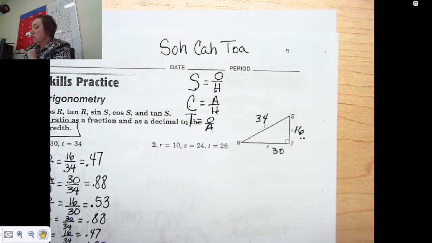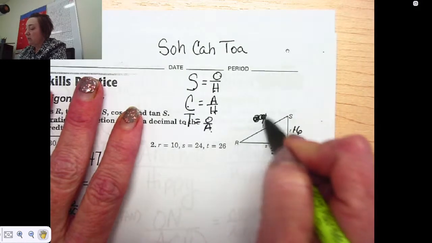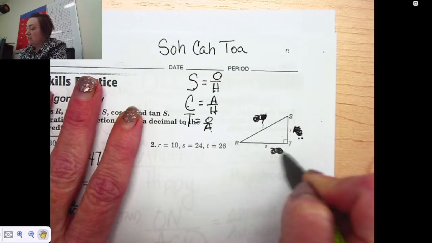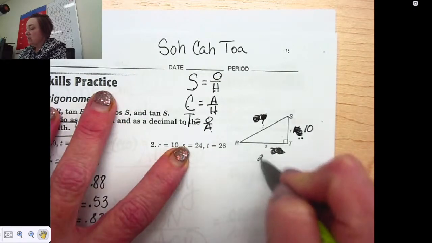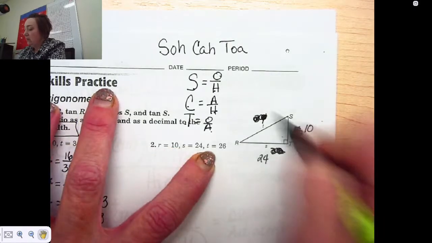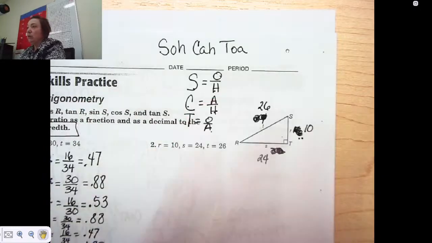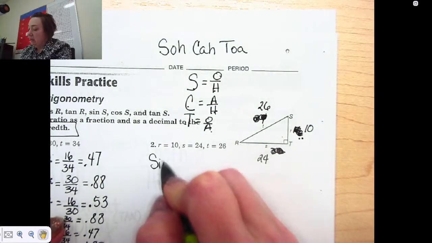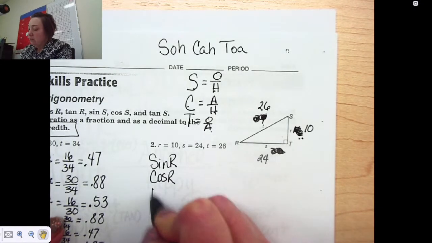Okay? So you guys, you're going to do number 2. Let's look at what's happening here. So on number 2, they gave us new numbers. They said little r, so the side is 10. Little s, that side is 24. Little t, that side is 26. Right? So you've got new numbers to use, but you're still going to be finding the sine of r, the cosine of r, the tangent of r.